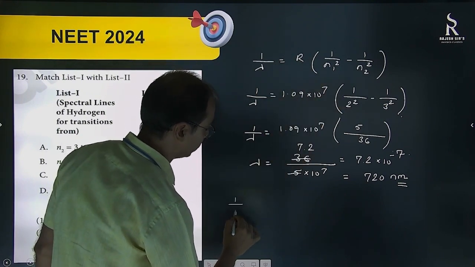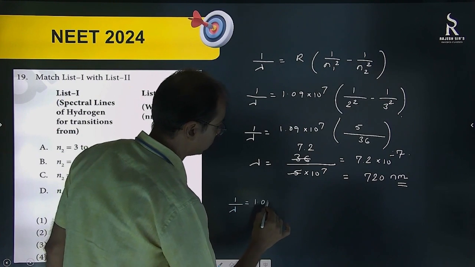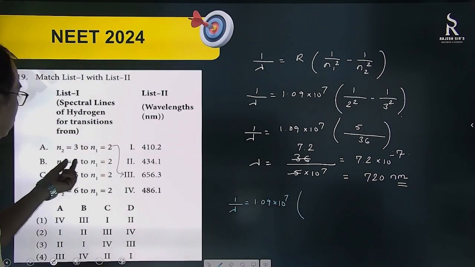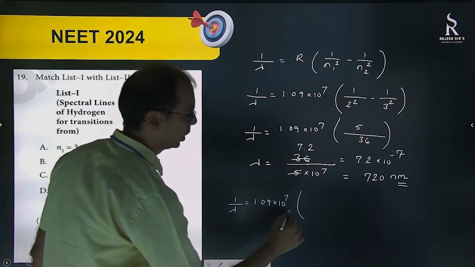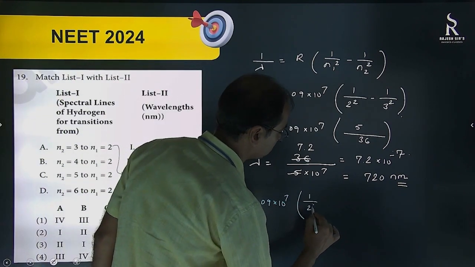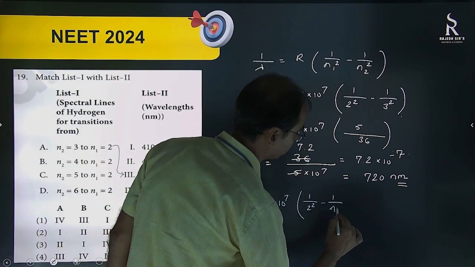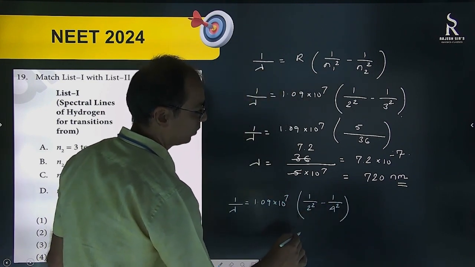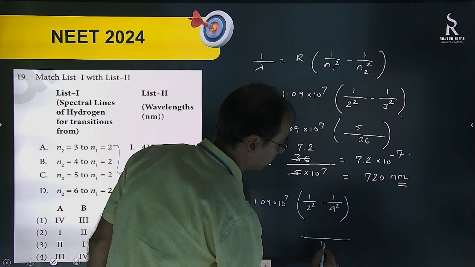So 1 by lambda equal to 1.09 into 10 to the power 7. Now, second one is what? 4 to 2. So 1 by 2 square minus 1 by 4 square. Okay, take its LCM. This is 16, this is 4. So LCM is 16.